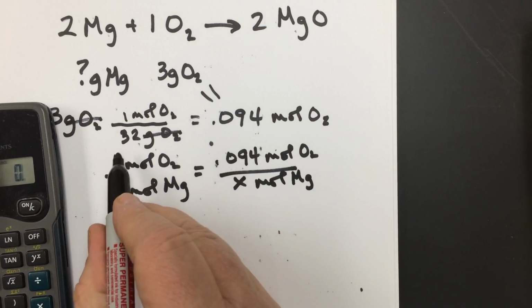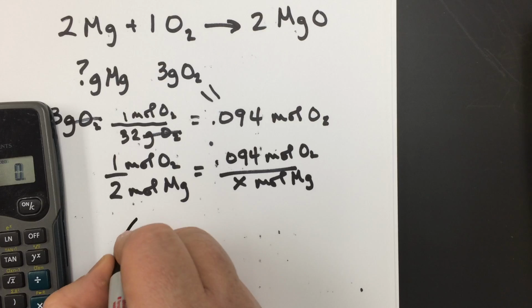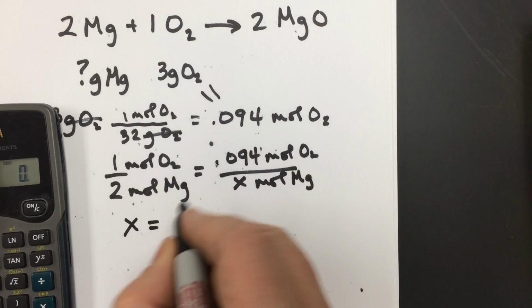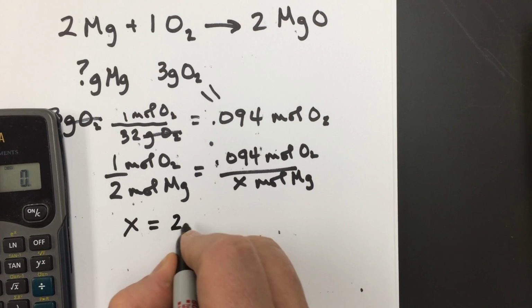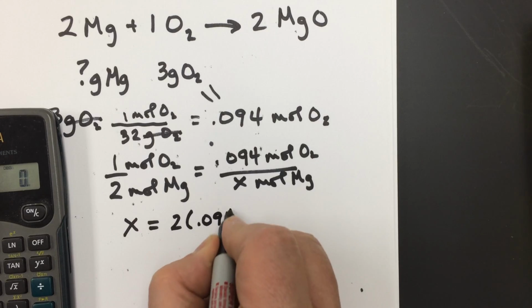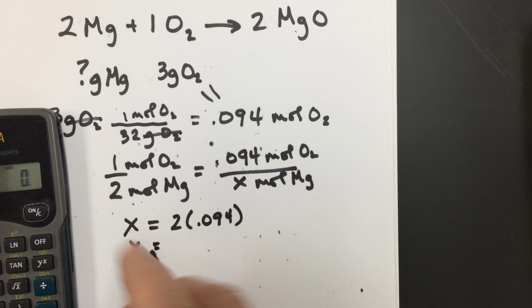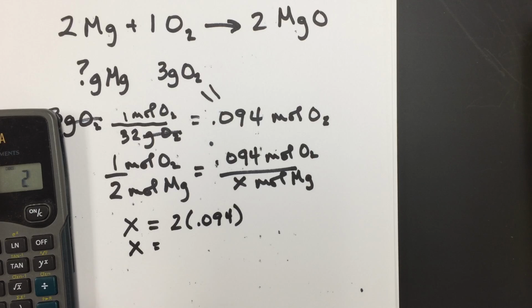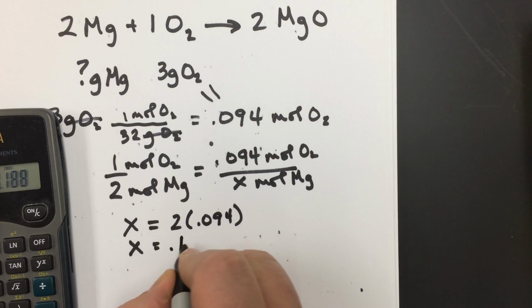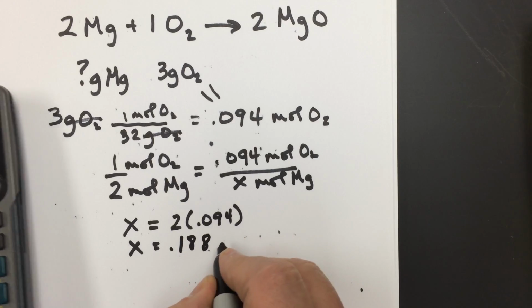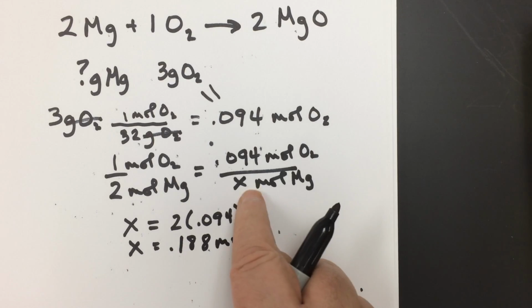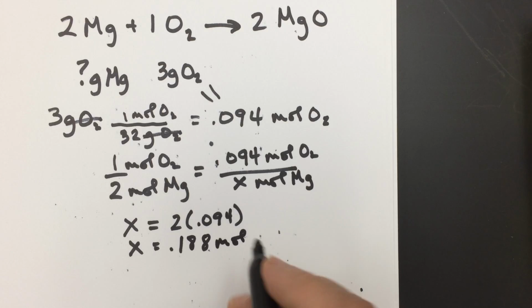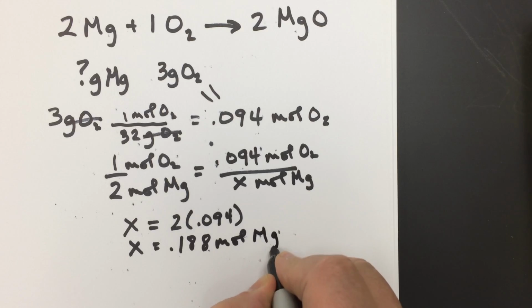So 1 times X is X. 2 times 0.094, okay, 2 times 0.094 equals 0.188 moles. Okay, I'm trying to find moles of magnesium, so moles of magnesium.